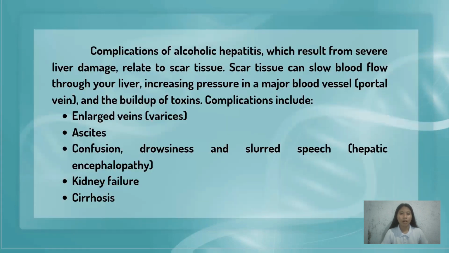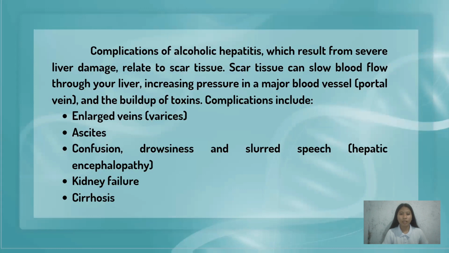Complications of alcoholic hepatitis, which result from severe liver damage, relate to scar tissue. Scar tissue can slow blood flow through your liver, increasing pressure in a major blood vessel, and causing a buildup of toxins.